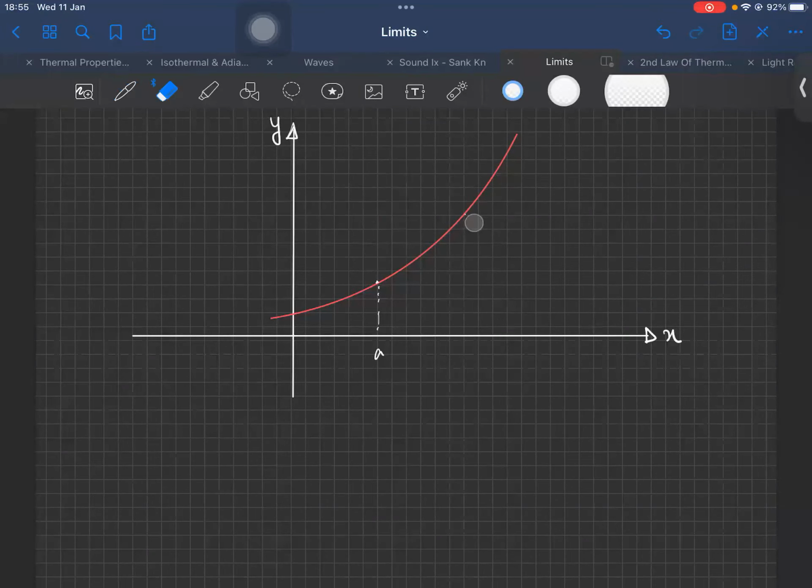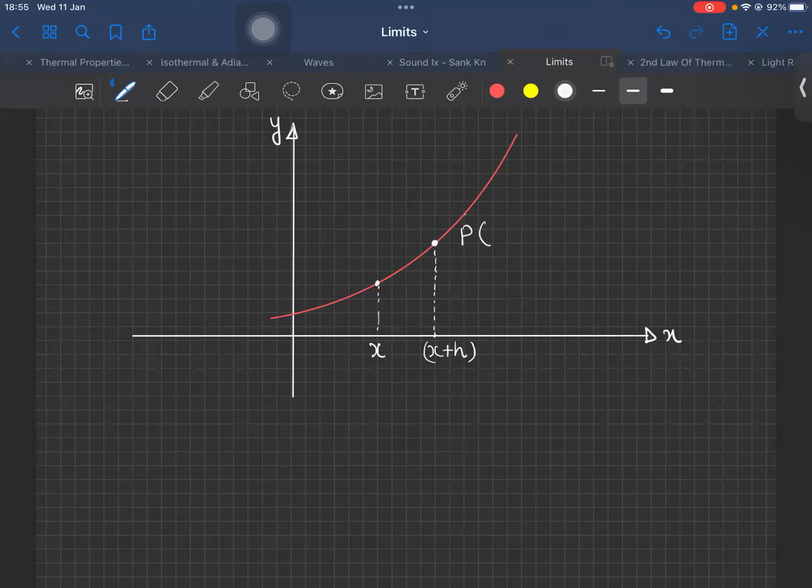The difference between A and B is h, so B is equal to A plus h. Or suppose this point is x, and this point is x plus h.